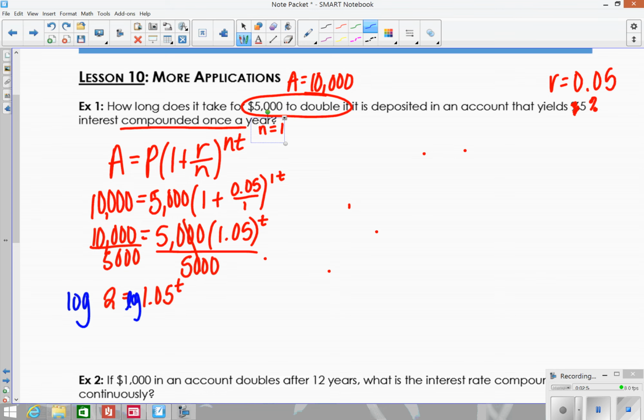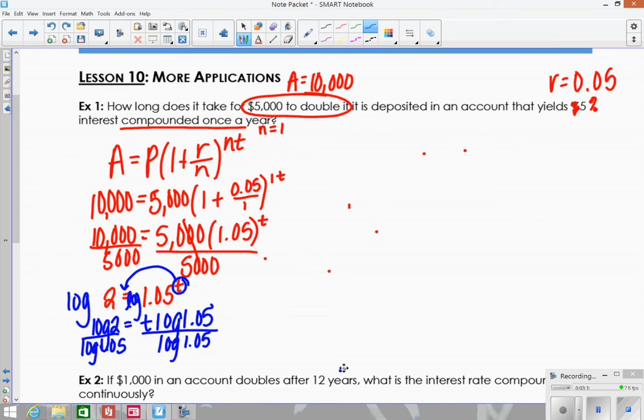If we take the log of both sides, it'll allow us to find t. So we take the log of both sides, and remember this t can come down as a coefficient. So it's log of 2 equals t times log of 1.05. To solve for t, we divide both sides by log of 1.05.